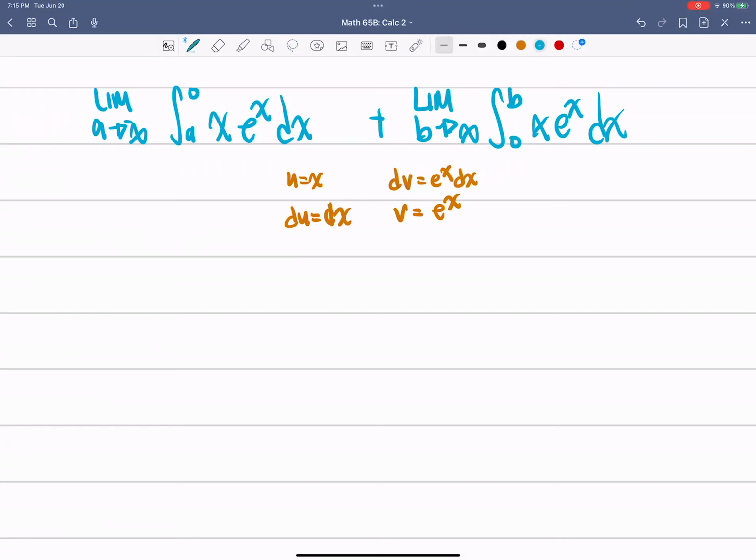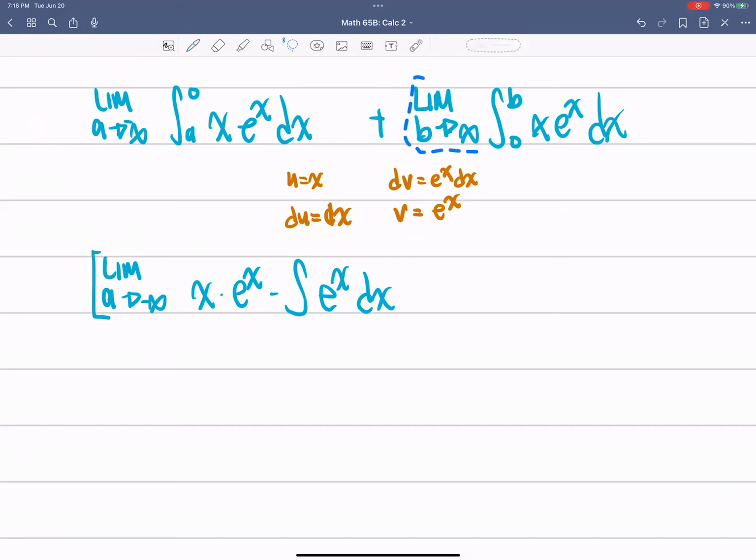Now, copying everything down, we have the limit as a approaches negative infinity, from a to 0. Let's start evaluating that part. u times v, x times e to the x, minus the integral of v du, e to the x dx. Let's do a little color coding.